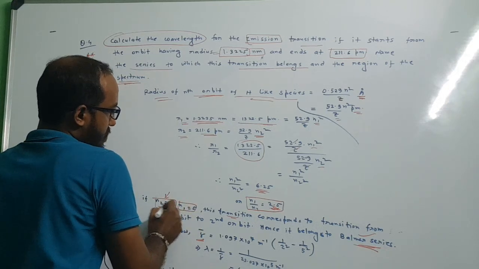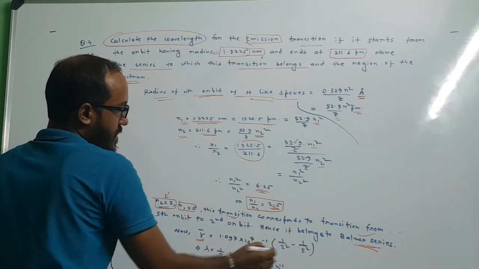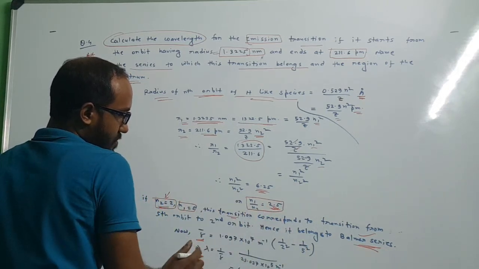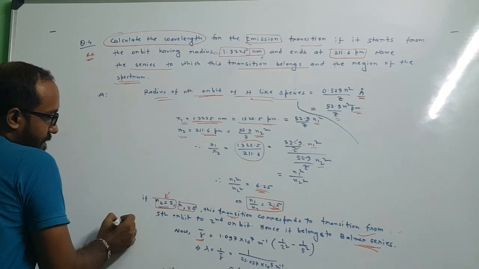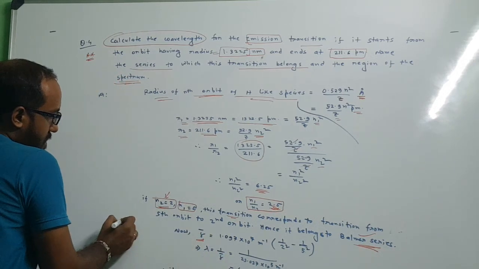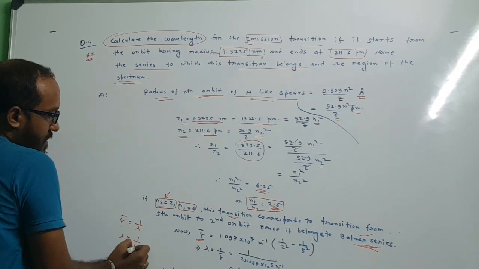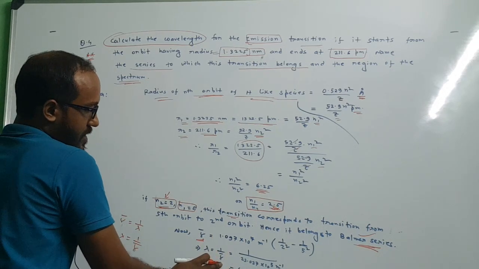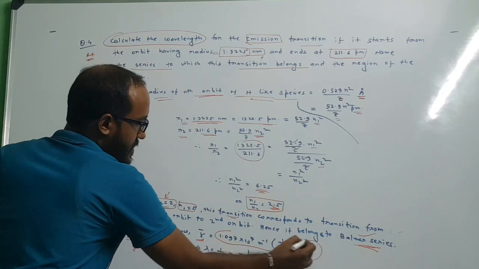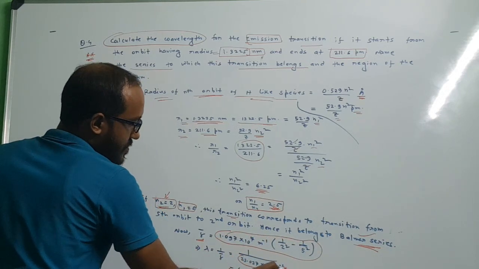So 1 by 2 square minus 1 by 5 square. Calculate these values, and we know that the wave number nu bar is 1 by lambda, so lambda is 1 by nu bar.